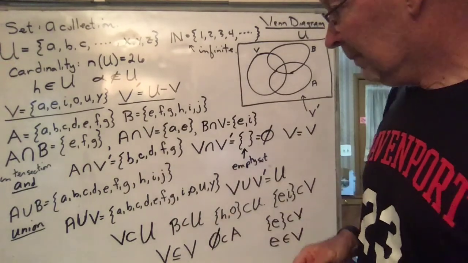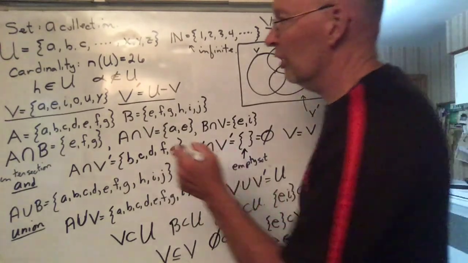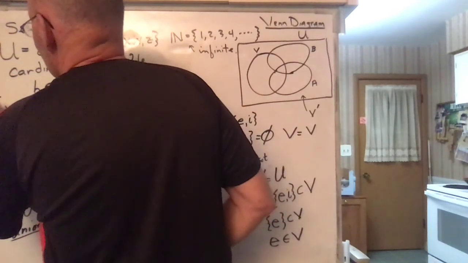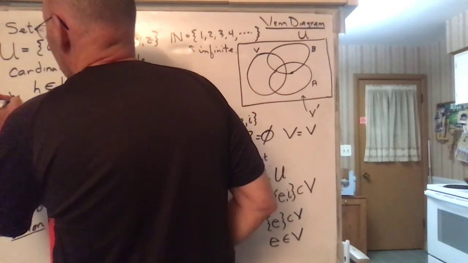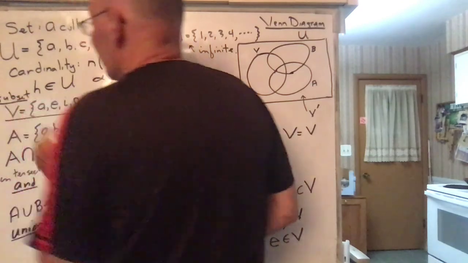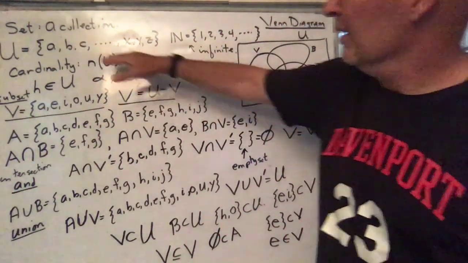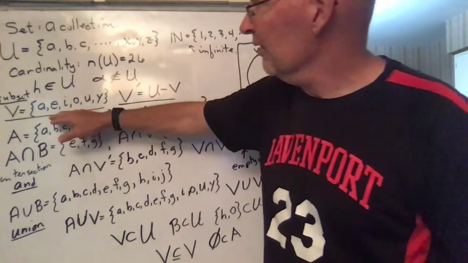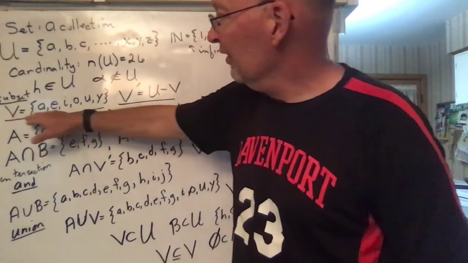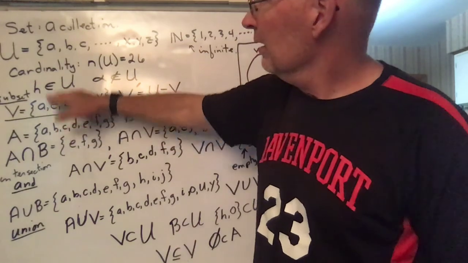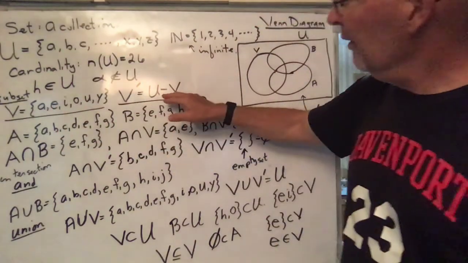Then we have these things, which are called subsets. I guess I didn't write it here, but a subset is just any portion of your first set. In this case, there's your set. This is a subset of it. And so this is a subset. Everything in here is in U. Here's another subset.